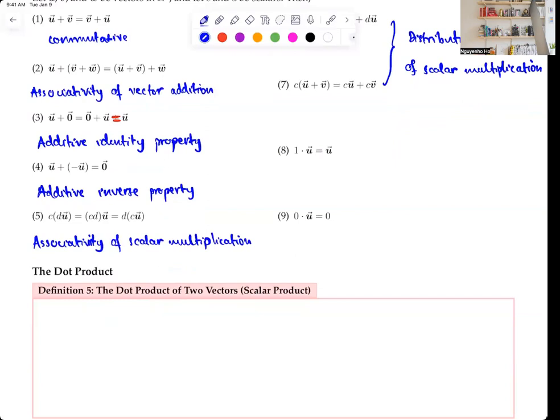Number eight, you have one times the vector u, it's just the vector u. This multiplication is the regular multiplication. And this is called the identity property of scalar multiplication.